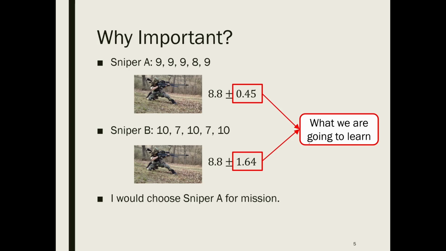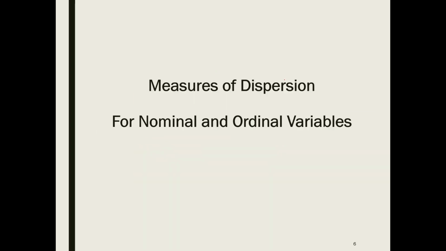Sniper B is not that stable; he may shoot 10, but there's also a likelihood that he will shoot 7. But sniper A is quite stable. He will definitely get above 8 and around 9. Although he cannot really shoot a 10, it's very stable. So usually people will pick sniper A, right?